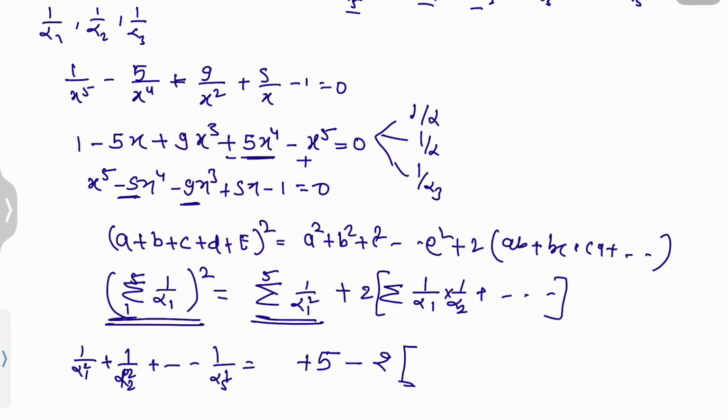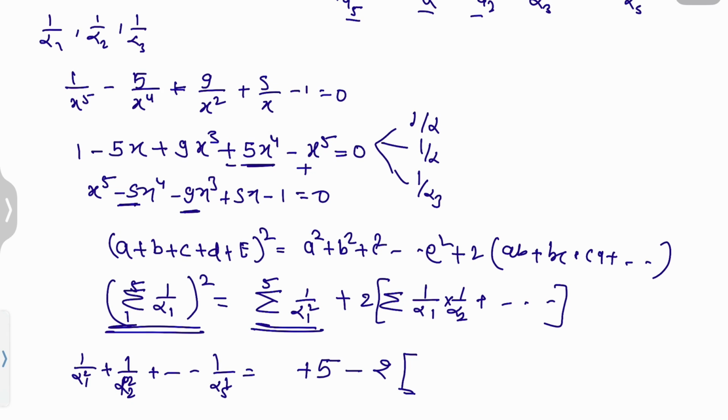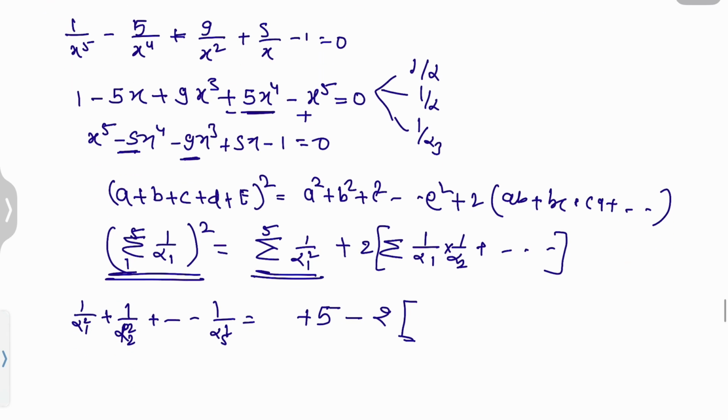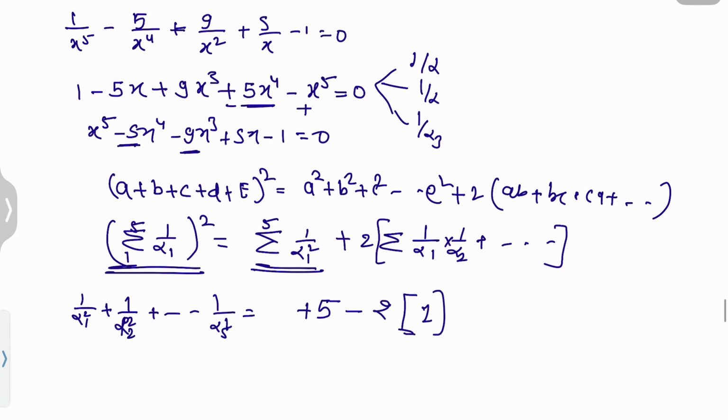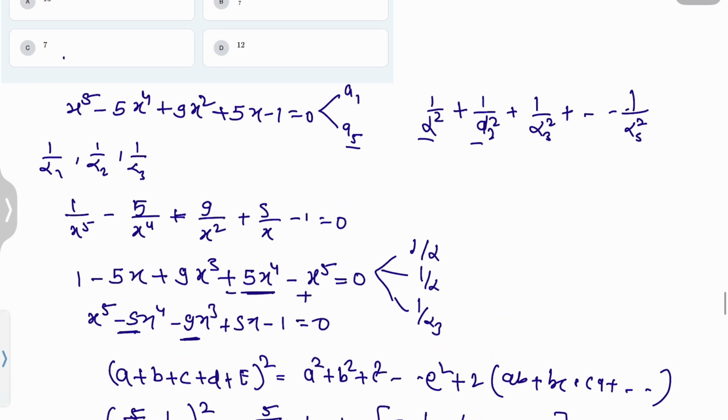So x cube at that time is given, 1 upon the 5, and the two-at-a-time multiplication gives 5 1, and at that time it is minus 1. So 5 plus 2 is 7, that is the answer. So that is why the answer of this question is 7.